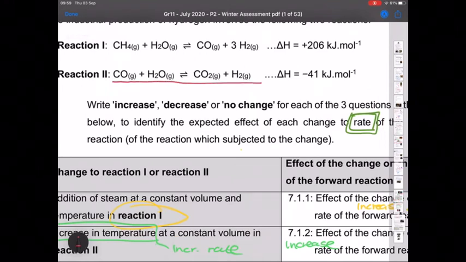So CH4, and you learned last year that you always had to include your phases. On the left-hand side of this one, we've got a carbon monoxide. On the right-hand side, we've got a carbon monoxide, so that gets cancelled. Plus, we've got a water plus a water, gives us two waters, so steam rather, gaseous water.